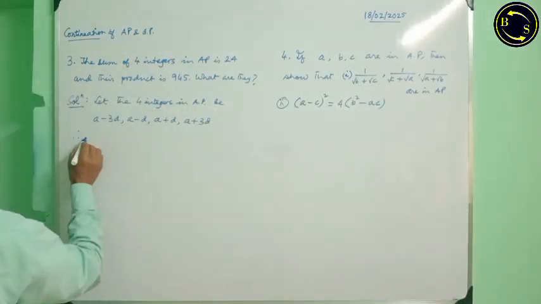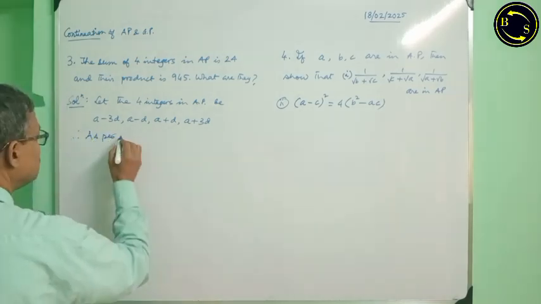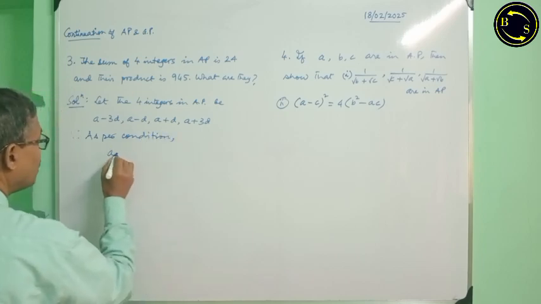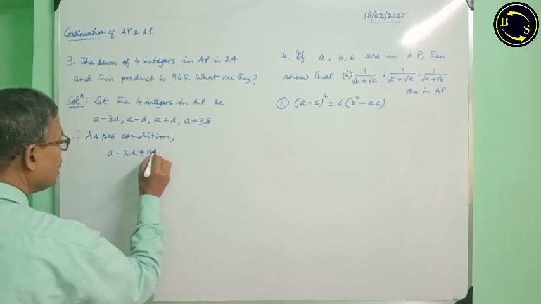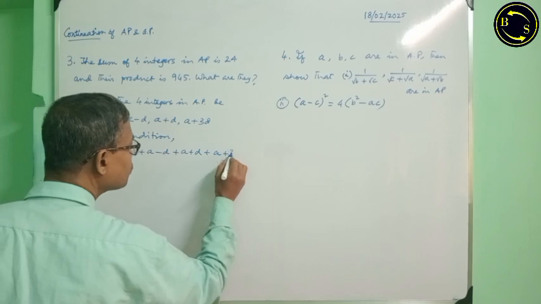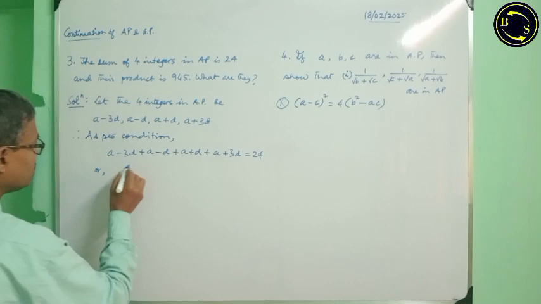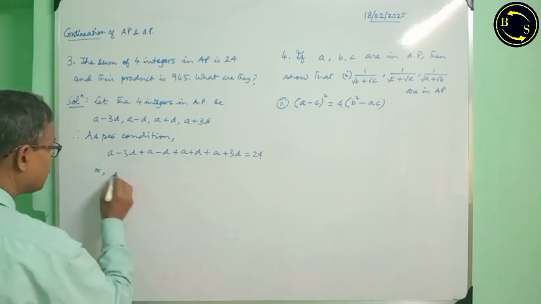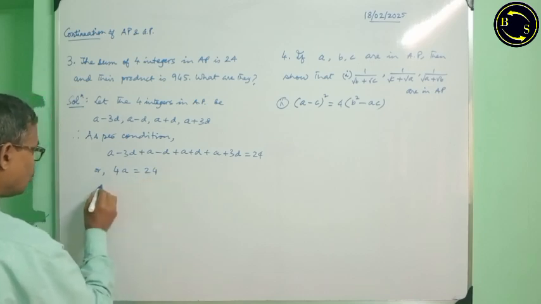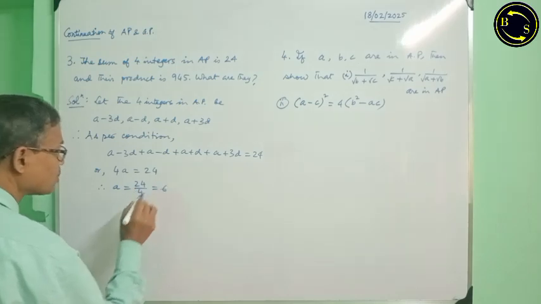Therefore, as per condition, A minus 3D plus A minus D, A plus D, A plus 3D, 24. We simplify. 4A is equal to 24. Therefore, A equal to 24 by 4 is equal to 6.